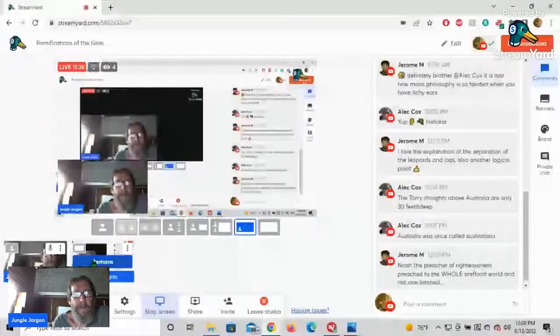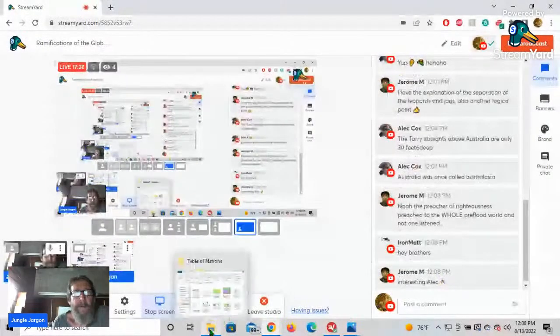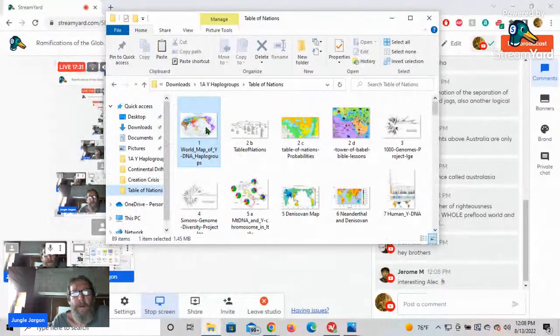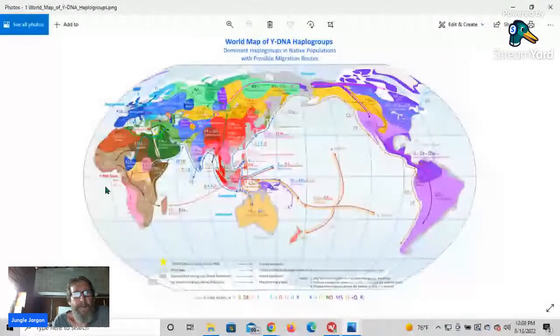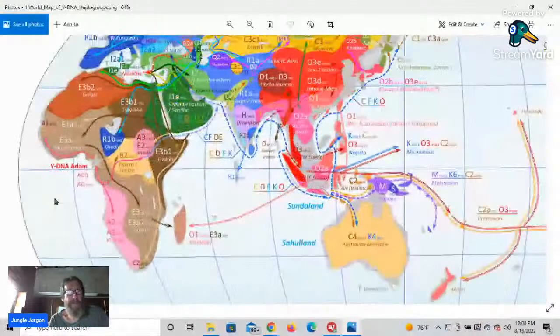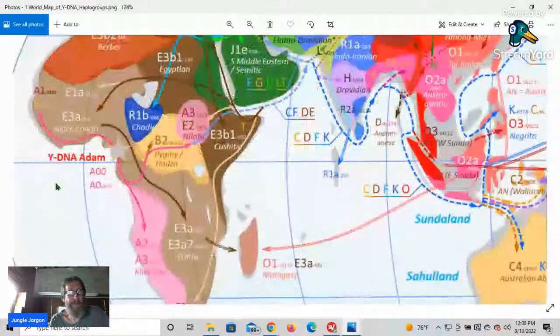The claim, of course, being that the root of the tree is A00. That's what the claim is.